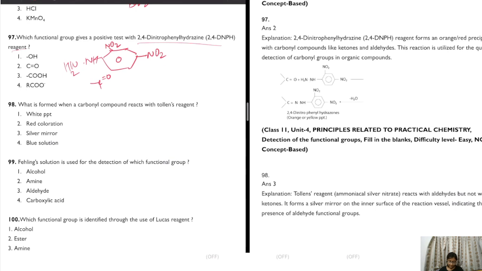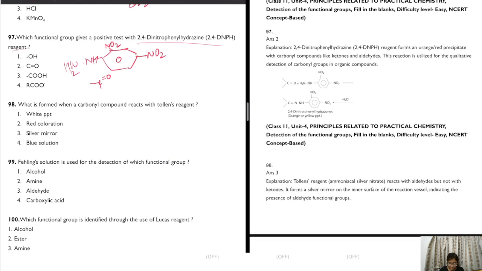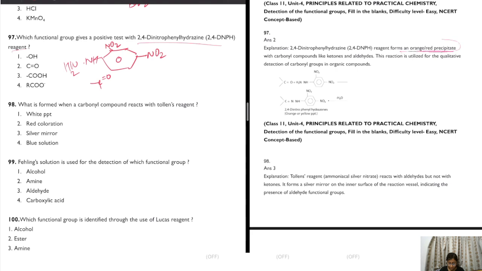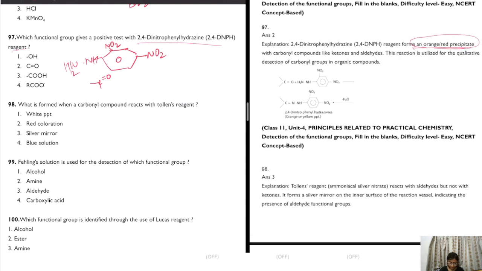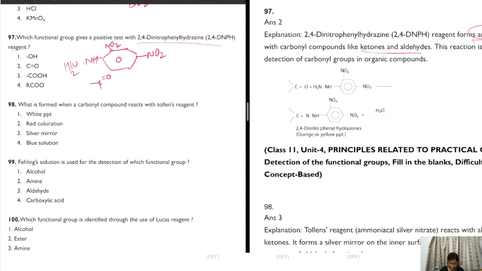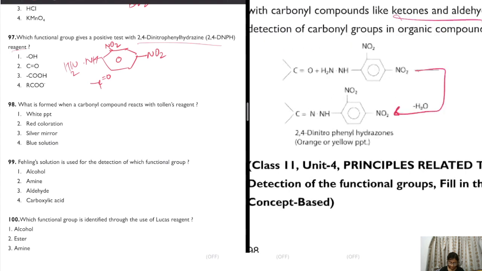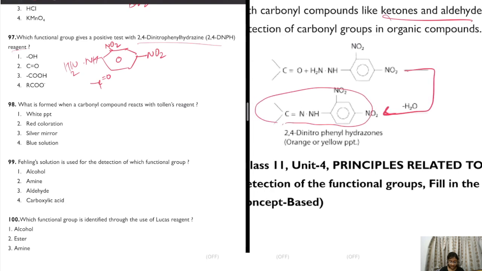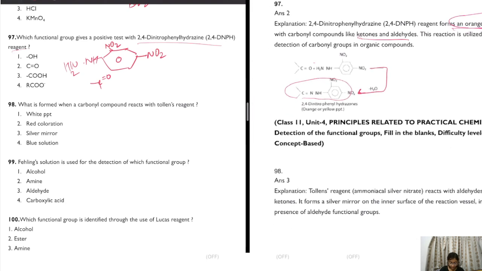What happens is it forms a compound with orange red precipitate for aldehydes and ketones, and this is the reaction taking place. And this is 2,4-dinitrophenyl hydrazone. That is 2,4-dinitrophenyl hydrazine. And then we got minus H2O. So it is used for the detection of carbonyl groups.